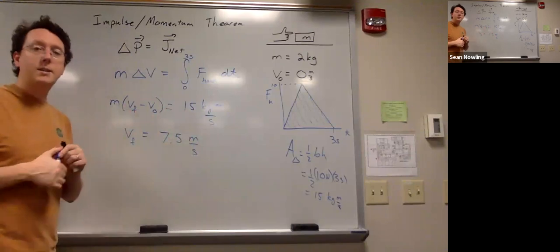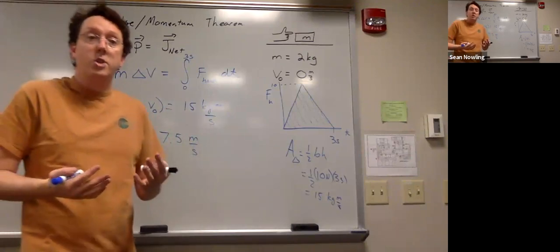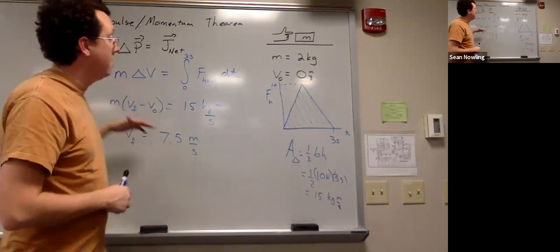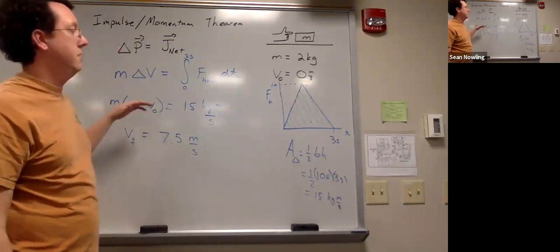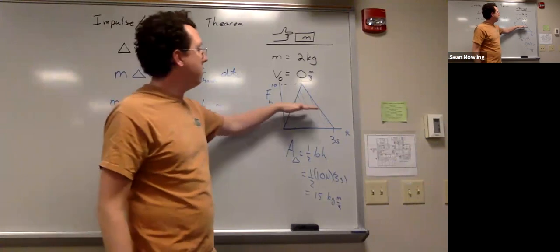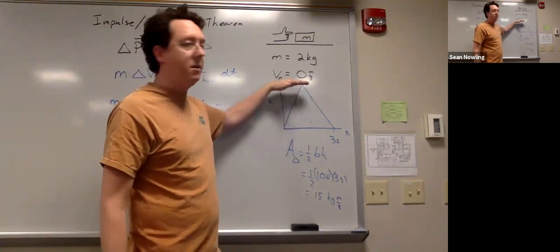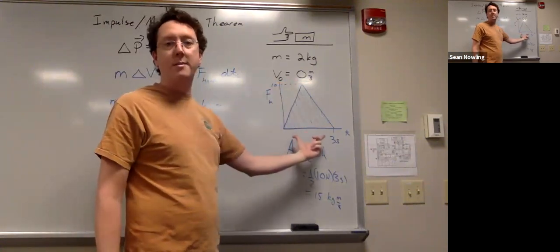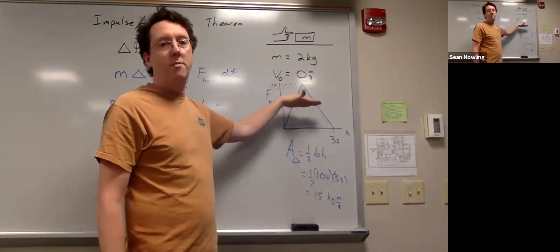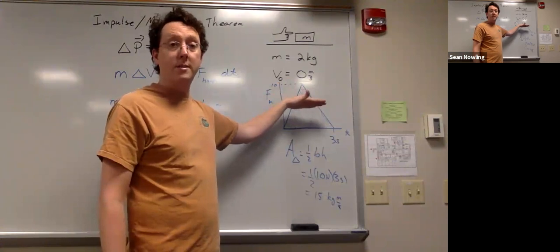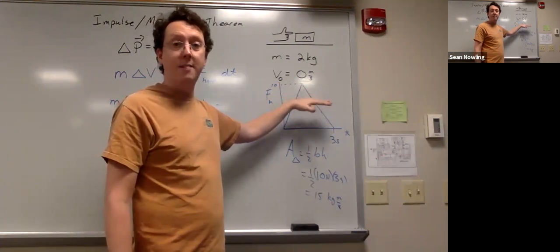In fact, you can get the same effective change in momentum because it turns out if the peak value is 10 and the width, the base of the triangle is 3, then in fact the average value of the force is 5, just as in the previous example.